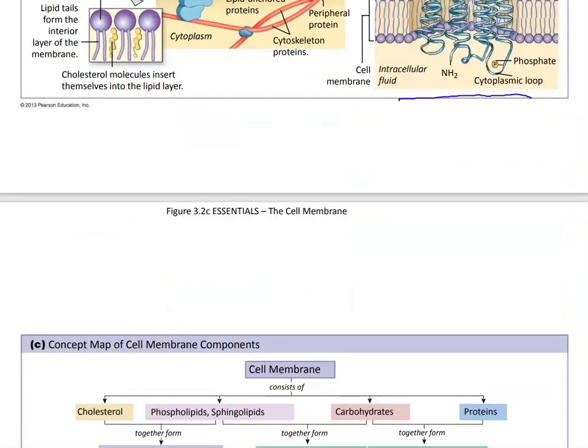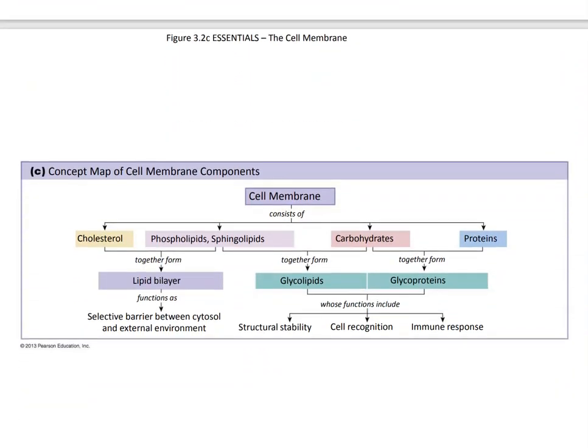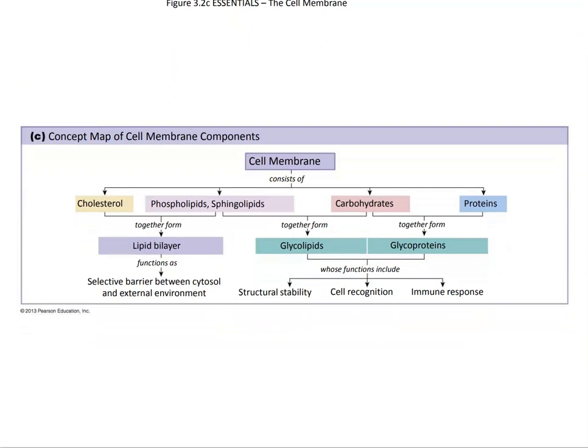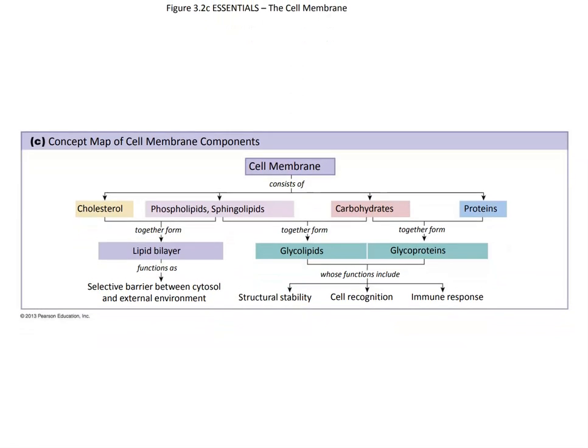Okay. So here's a diagram basically telling you the same information that I just talked about. Here you have the cell membrane composed of cholesterol, then you have these phospholipids, and then a bunch of protein. Protein is very important, also carbohydrates sometimes.